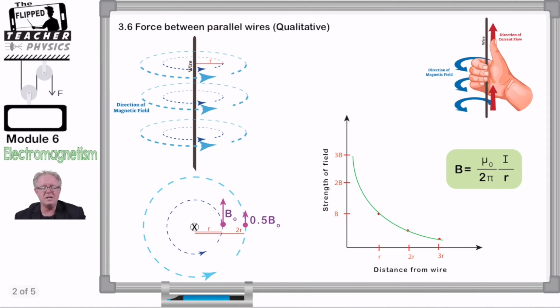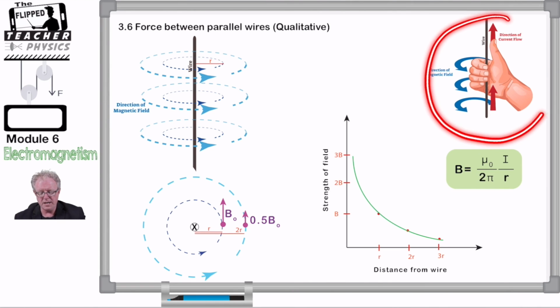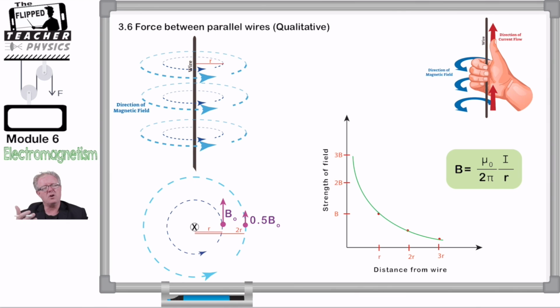If we recall some information we've previously seen, we've seen our right hand grip rule before, where we direct the thumb in the direction of the conventional current and the fingers wrap around the wire, and that allowed us to predict the direction of the field that is created around the wire as a result of the movement of this positive charge.